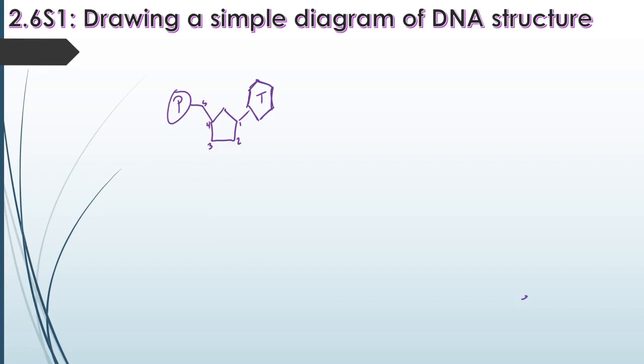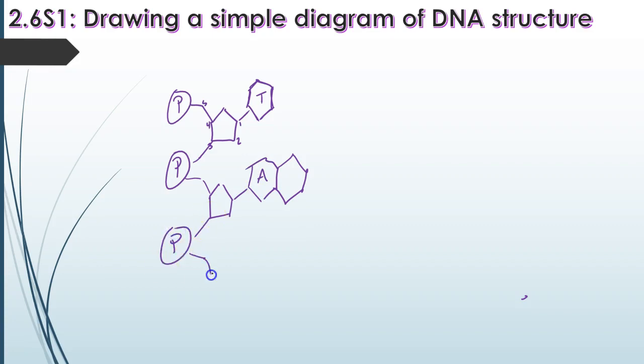Next to this nucleotide, we are going to attach the next nucleotide, which we attach to this phosphate. Off of it, we're going to produce its sugar, and then maybe this one is a double ring, which we can call A. On this one, next phosphate, maybe it's a single ring, which is C, because remember, A and G are the double ringed structures.